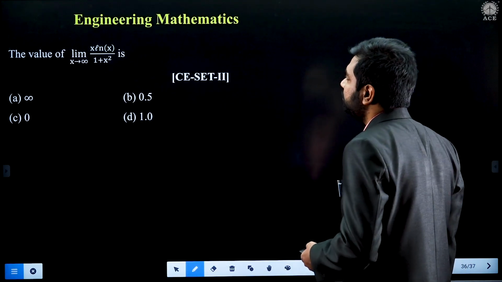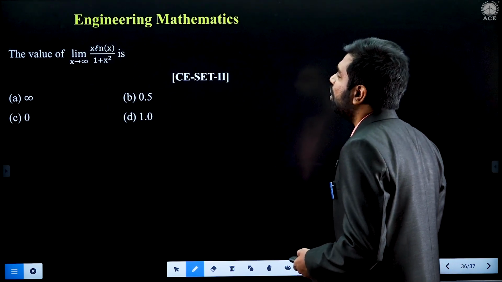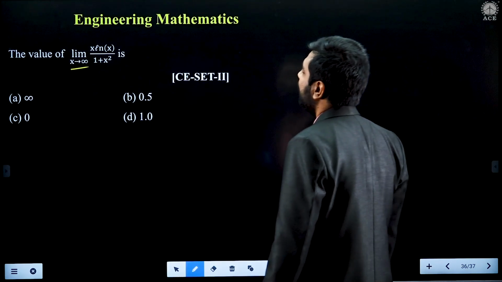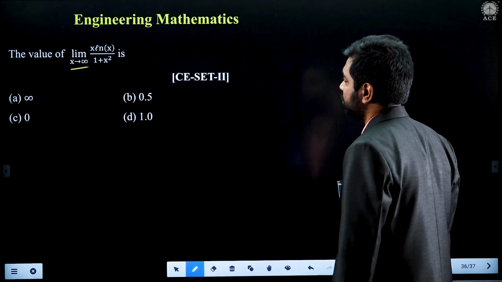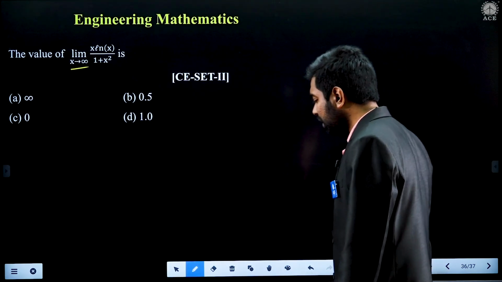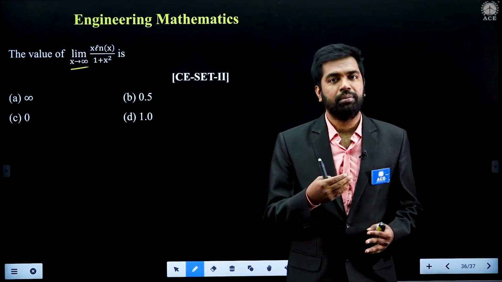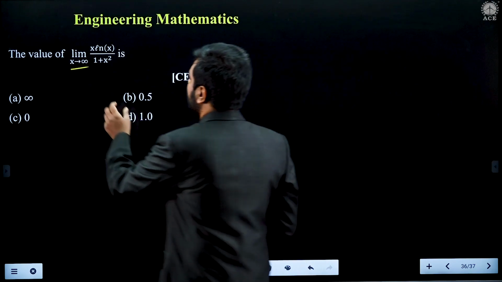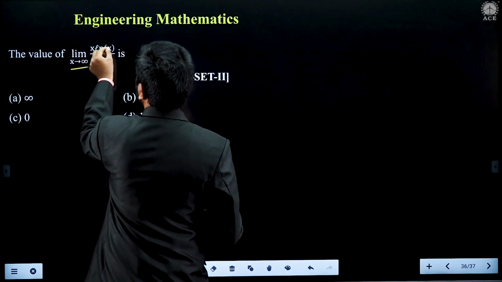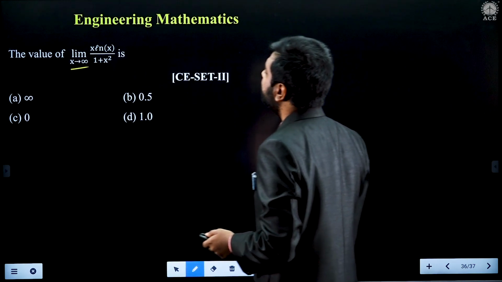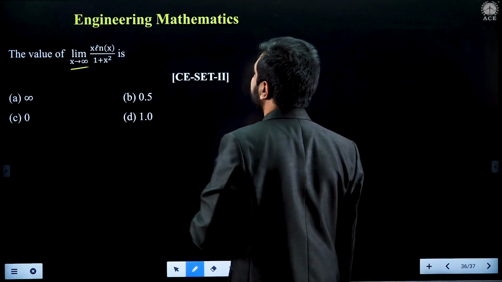Let's look at another problem. The value of limit x tends to infinity x log x by 1 plus x square is dash. Now first substitute the limit. See what form you are getting. When I substitute, infinity goes here, infinity goes here, infinity goes here. This gives me something like infinity into log infinity by 1 plus infinity square.